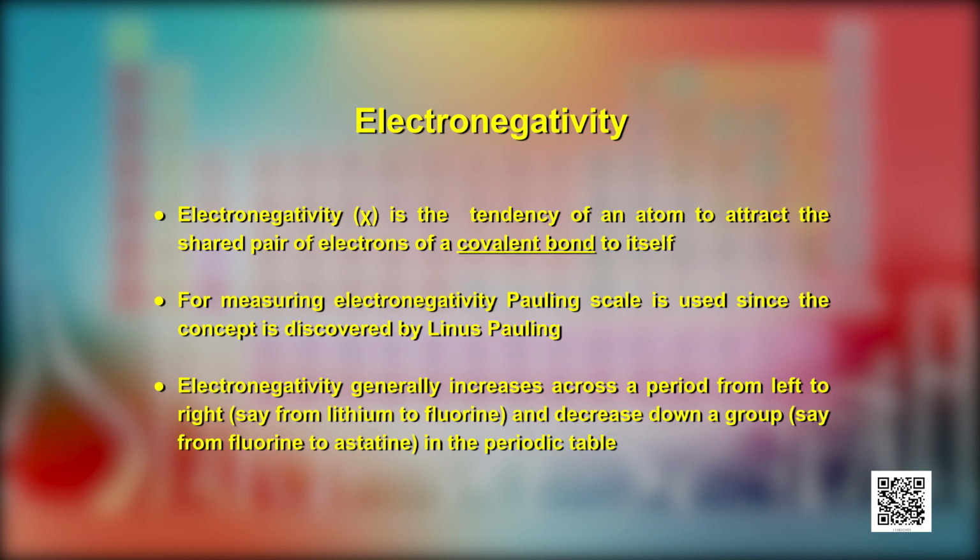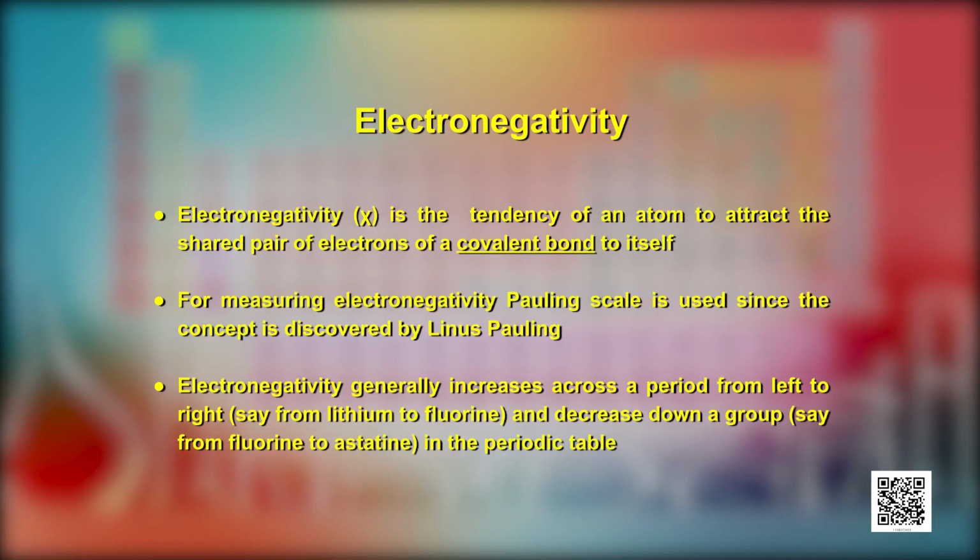This atom is said to be more electronegative. So, electronegativity may be defined as the tendency of an atom to attract the shared pair of electrons of a covalent bond towards itself. The electronegativity of any given element is not constant. It varies depending on the element to which it is bonded, though it is not a measurable quantity.